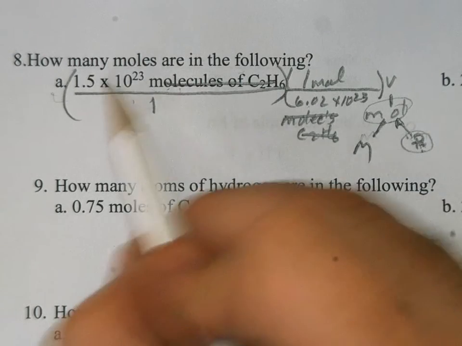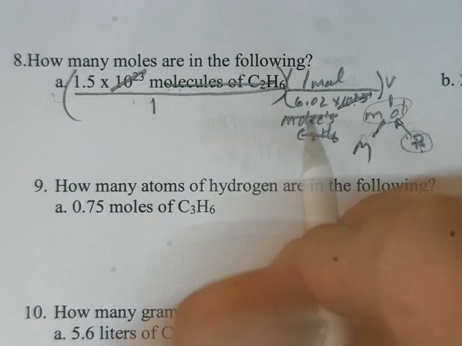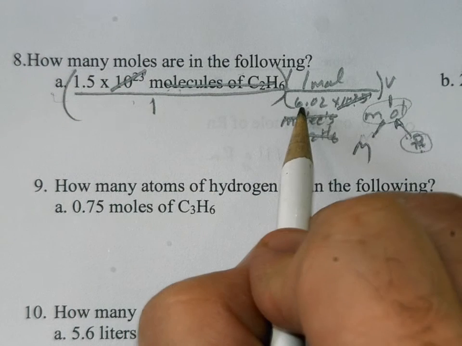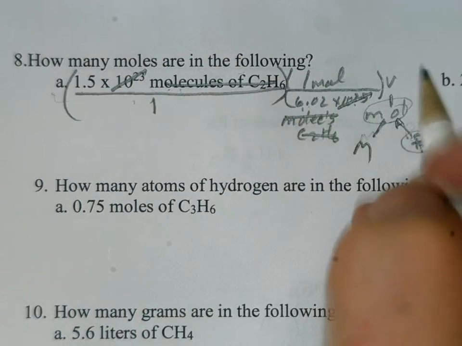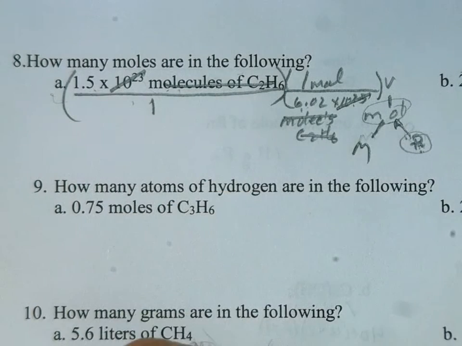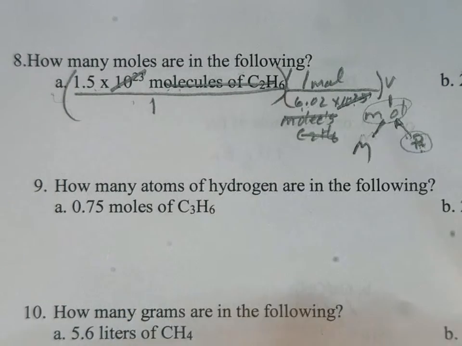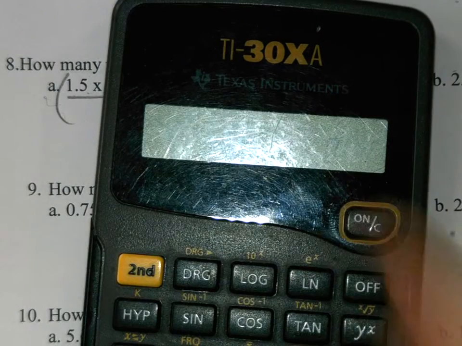I'm just going to cancel off the times 10 to the 23. Now we've got 1.5 divided by 6, and 1.5 goes into 3 twice. So I think the answer is going to be about 4, isn't it? Oh, we'll actually do it.